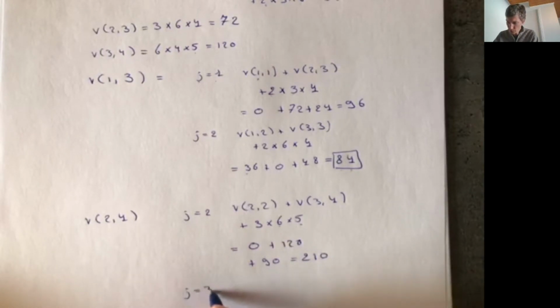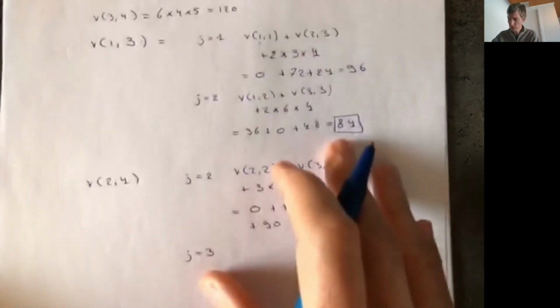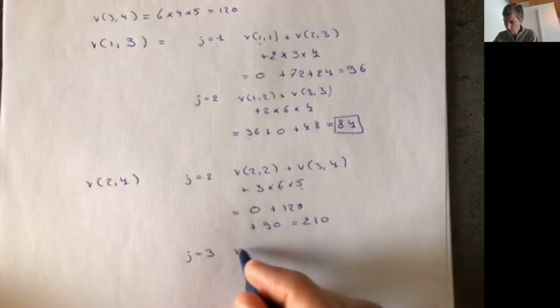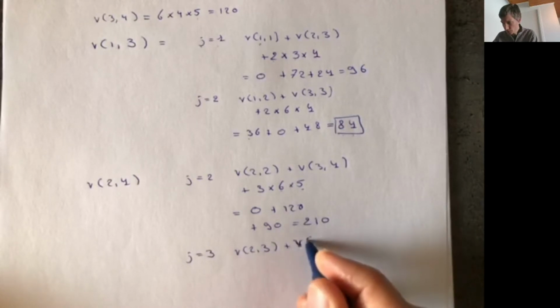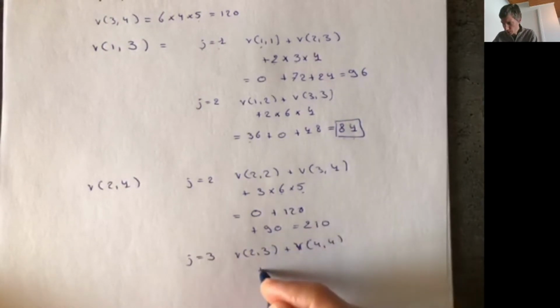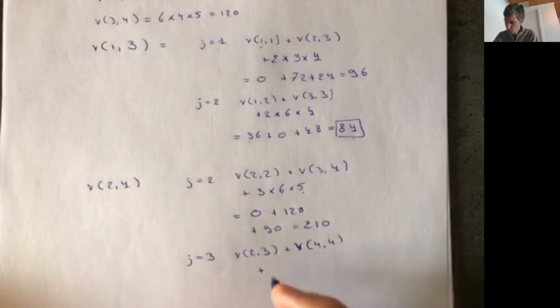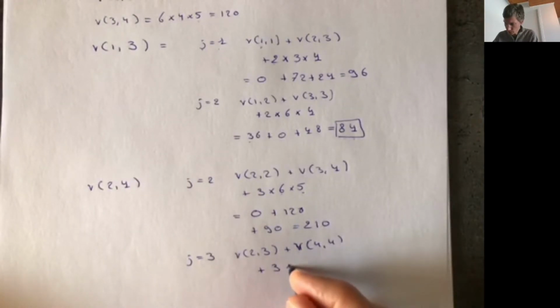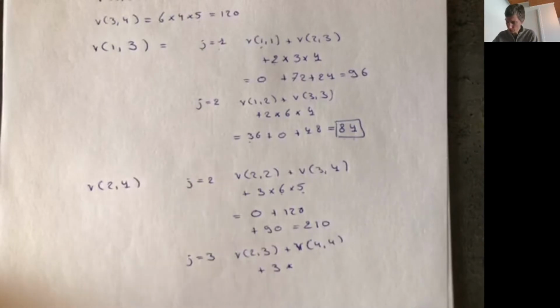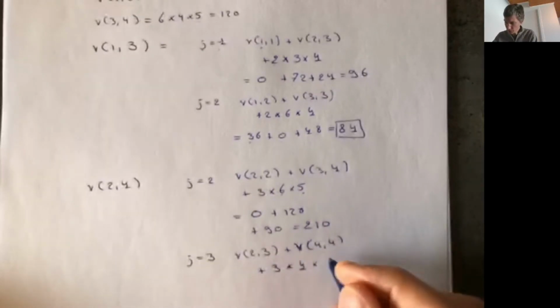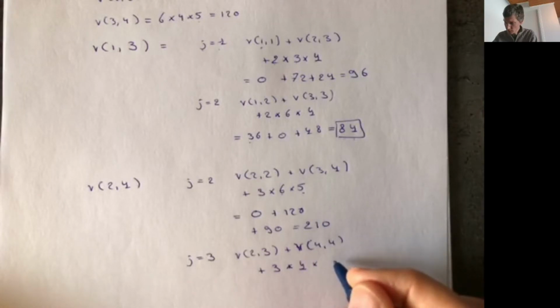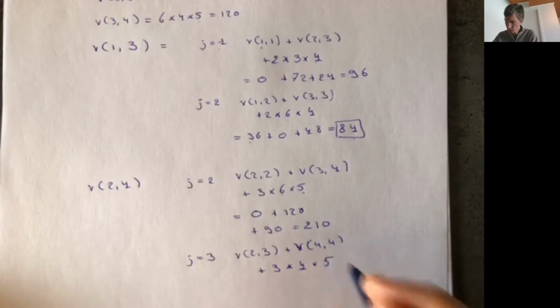If J is equal to 3, the second case to consider, then you have V2,3 plus V4,4, plus the number of rows of matrix 2, which is 3, times the number of columns of matrix 3, which is 4, times the number of columns of matrix 4, which is 5.